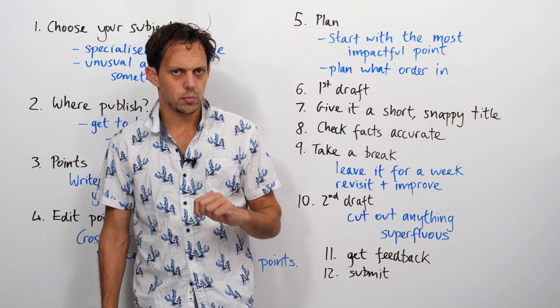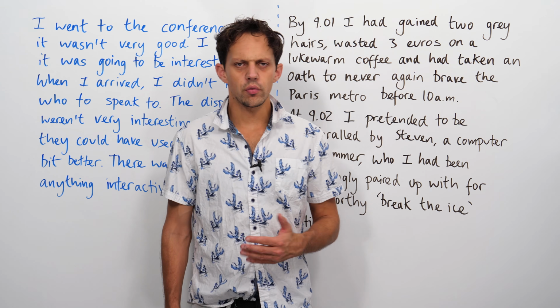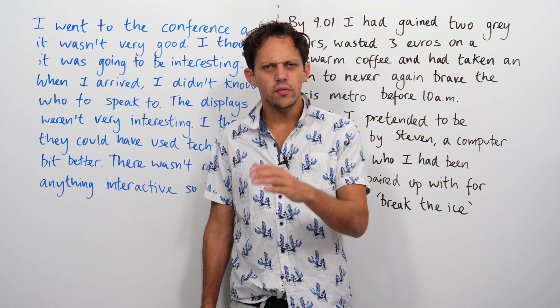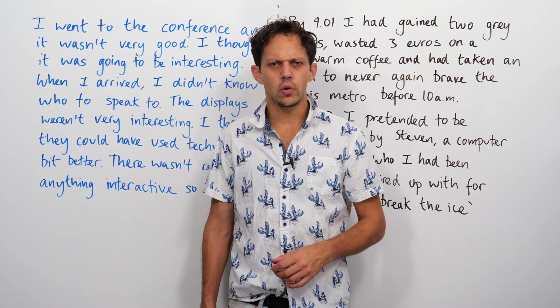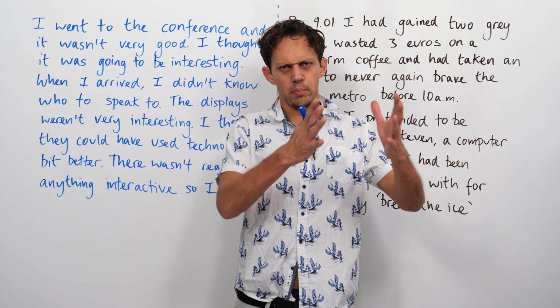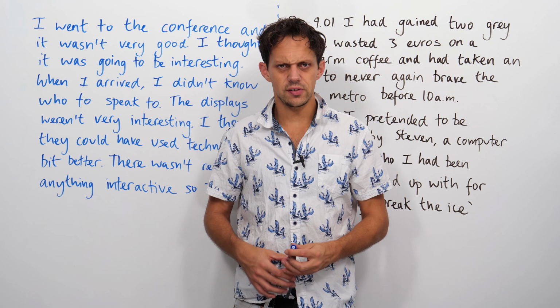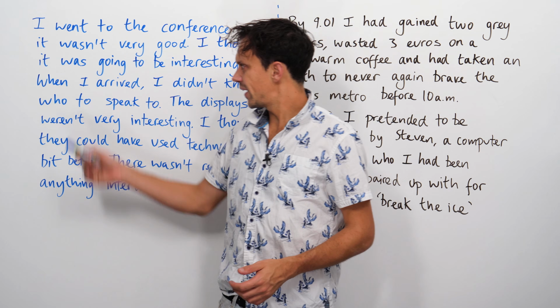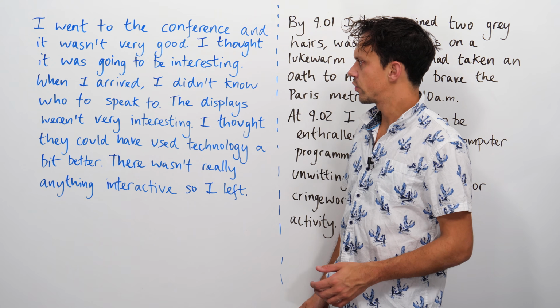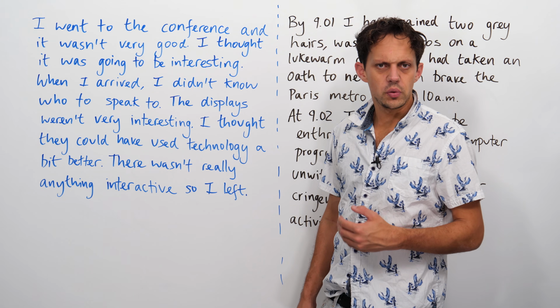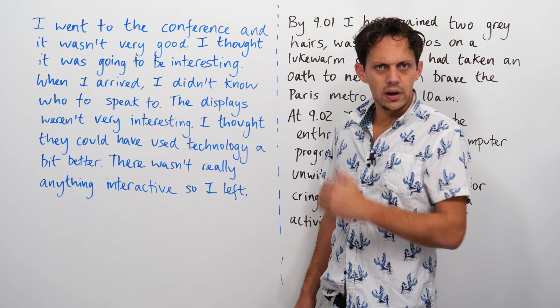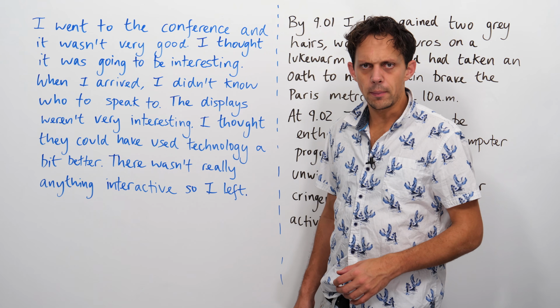Okay, let's have a look at some writing. So thinking about writing a kind of article that might be published on a blog site about professional interests, I thought I'd base this idea for an article on going to a high-level conference.